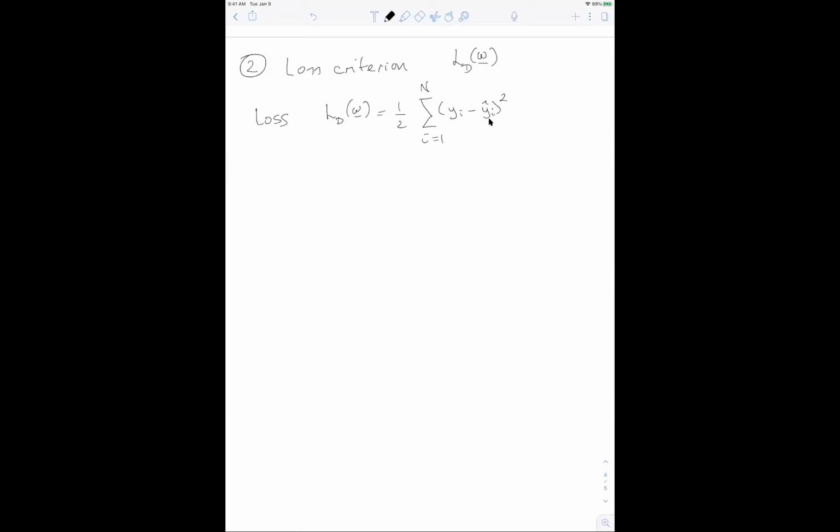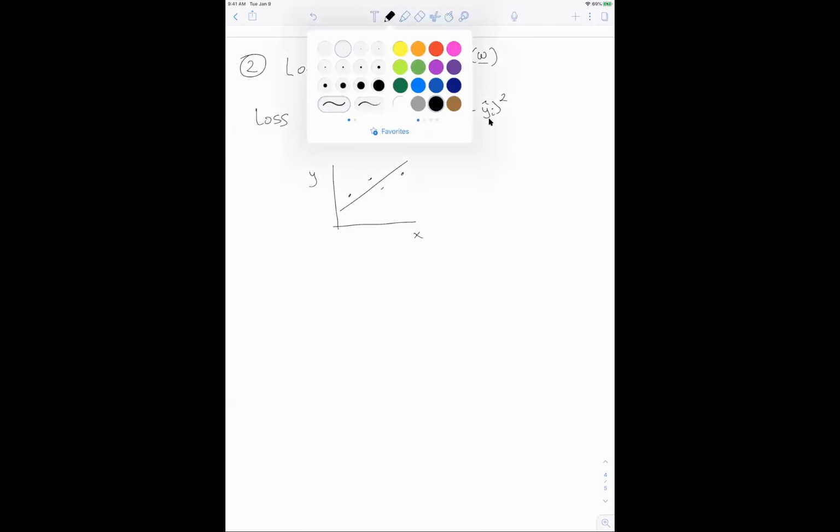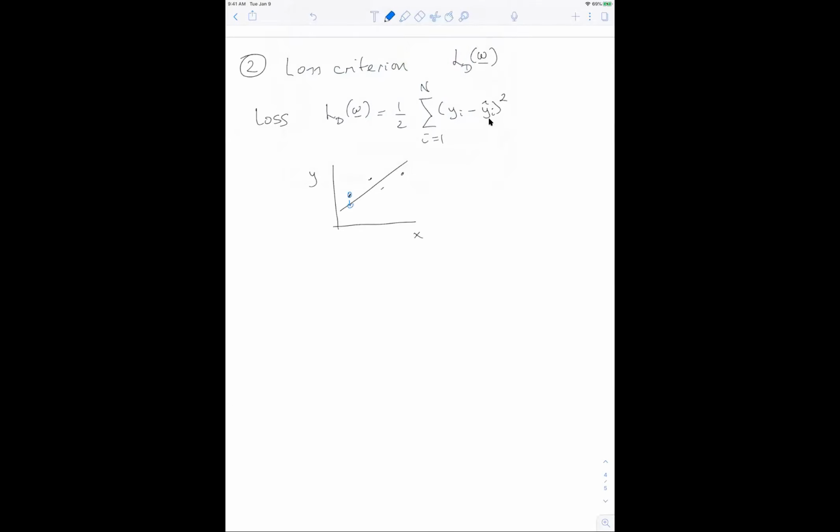And if you want to have a picture in mind, generally you can be thinking about this in one dimension. I have a hard time thinking in more than one dimension, so I would encourage you to think about this in one dimension. And generally in one dimension, if those are my points, and that's my linear model that I've fit to the data, then what we're doing is we're thinking about those distances.